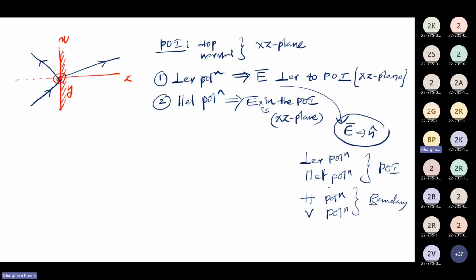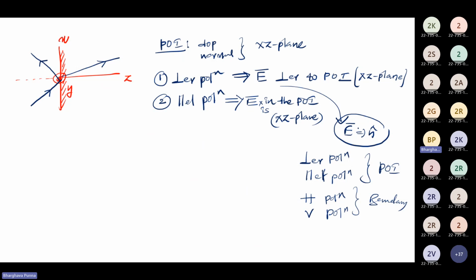You can understand this easily. The electric field is perpendicular to the plane of incidence, which means it is perpendicular to the XZ plane, which means the electric field is parallel to y. That means the electric field is in the y direction.